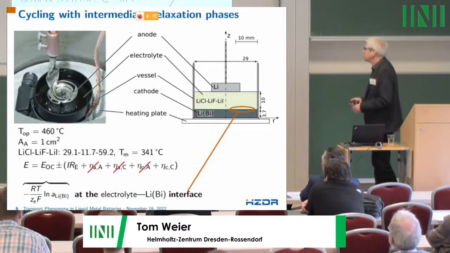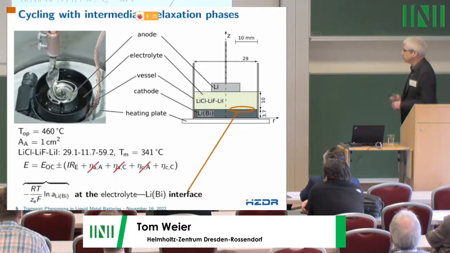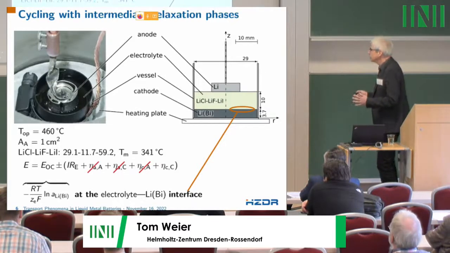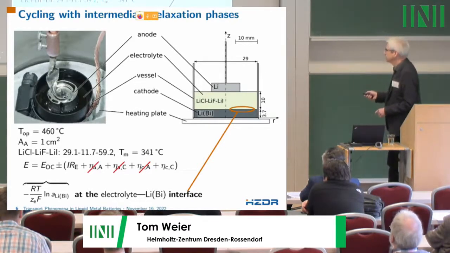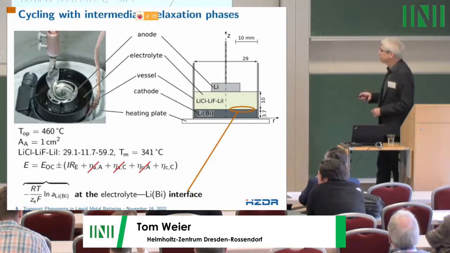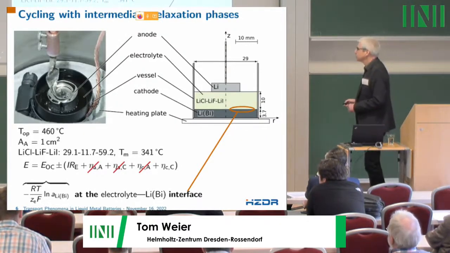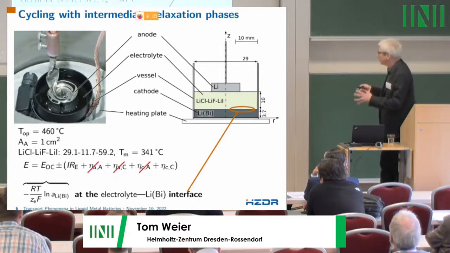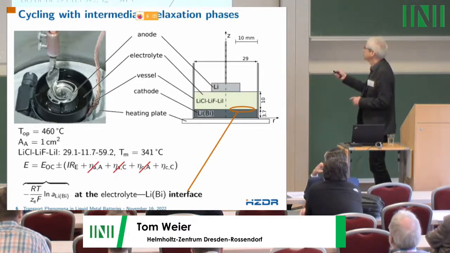Happily, activation overpotentials are very small, so charge transfer is extremely fast on liquid-liquid interfaces. The only thing typically remaining is concentration overpotential in the cathode. And this is a really important point, because the open circuit potential is determined, as I said, by the logarithm of the activity, the concentration, directly at the interface, where it plays a role.